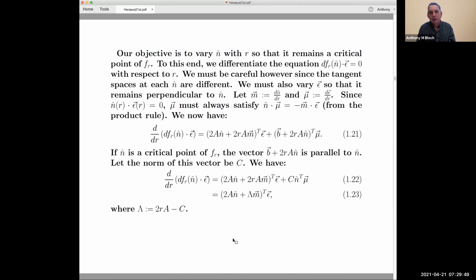You can do this computation using basically just calculus, and in the end you get a nice expression for the derivative with respect to r of drf of n dot epsilon, which is expression 1.23 at the bottom here.